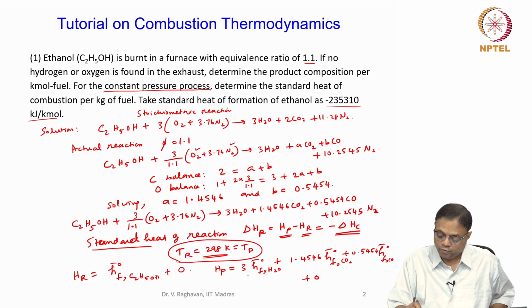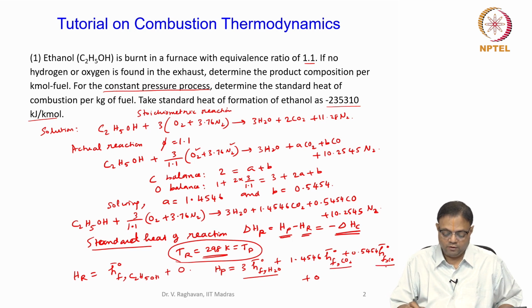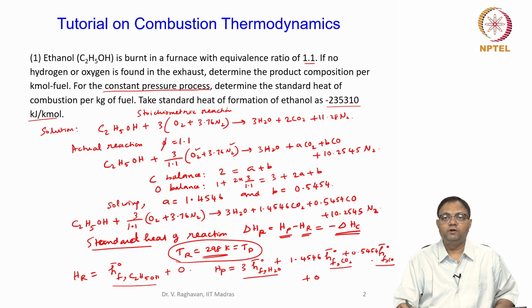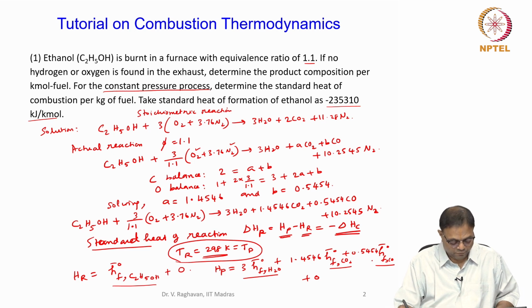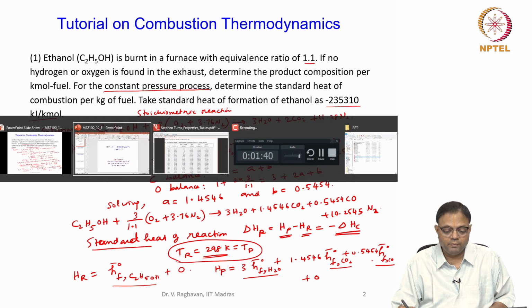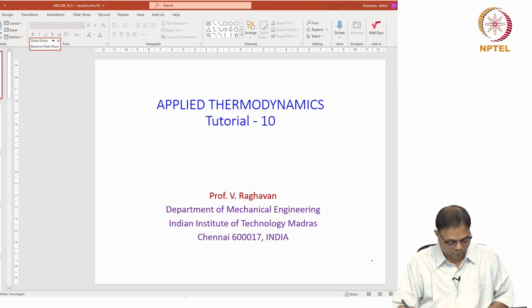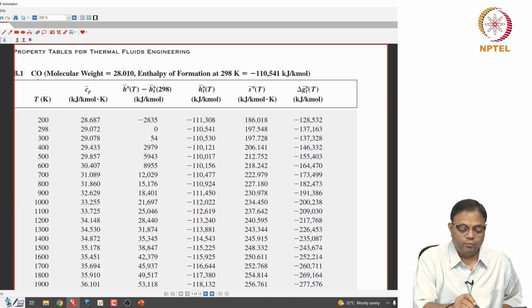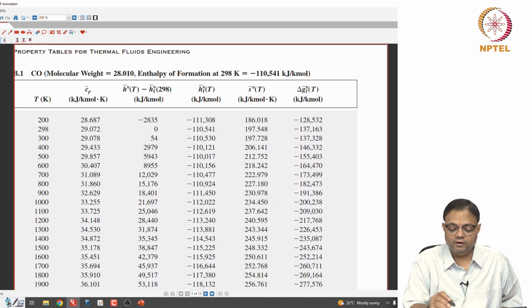Now the enthalpy of formation of H2O, CO2, CO, etc. is given in the problem. For ethanol it is given. For the other species, we can use tables. We can also use some correlations if available. Basically, this is a typical table here. You can see that for CO, the molecular weight is given, and the enthalpy of formation at the reference temperature of 298 Kelvin is given as minus 110541.